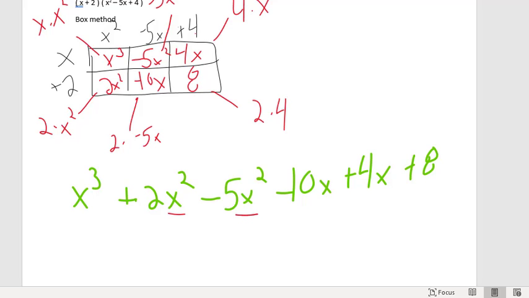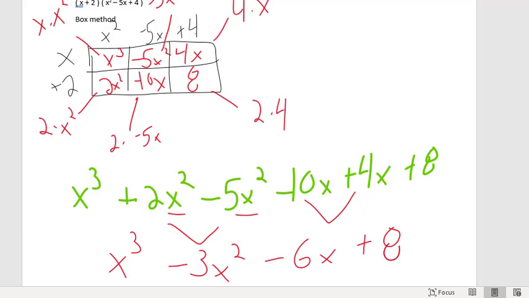So x squared, combine them. 2x squared minus 5x squared is going to be a minus 3x squared. x to the third just stays the way it is. Also, negative 10x and 4x, they're both like terms. So negative 10 plus 4 is negative 6x plus 8.